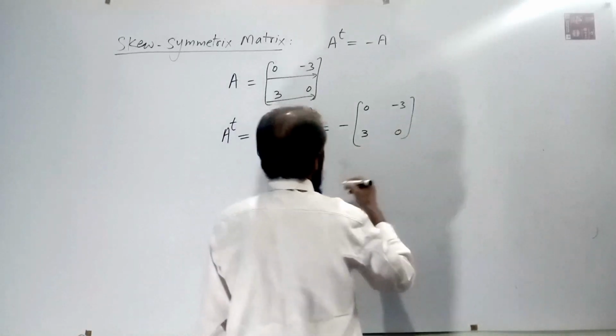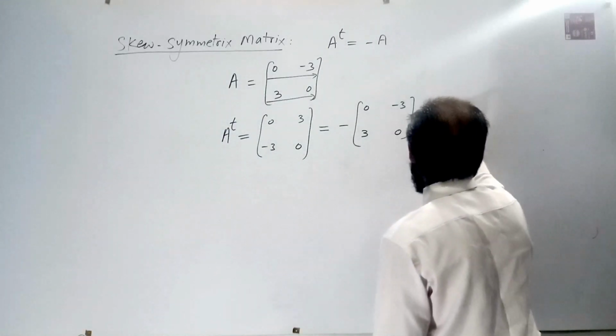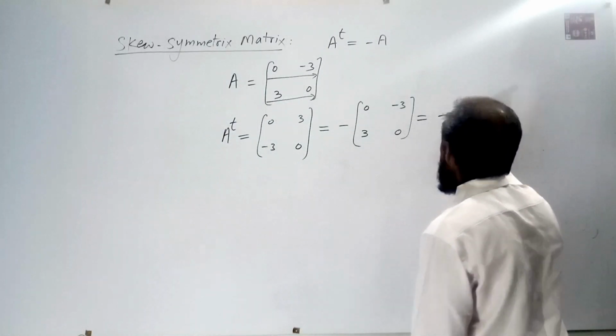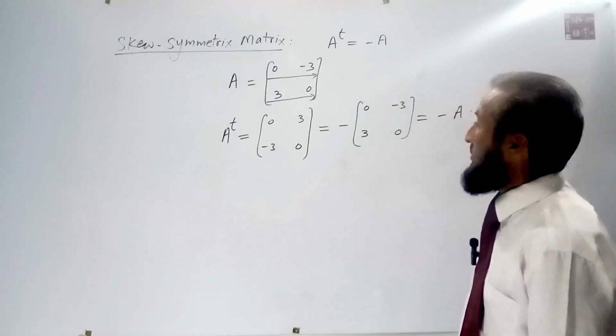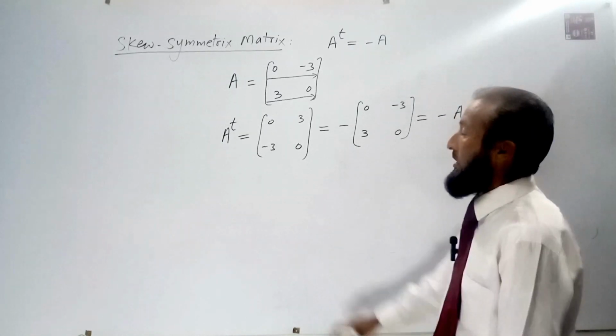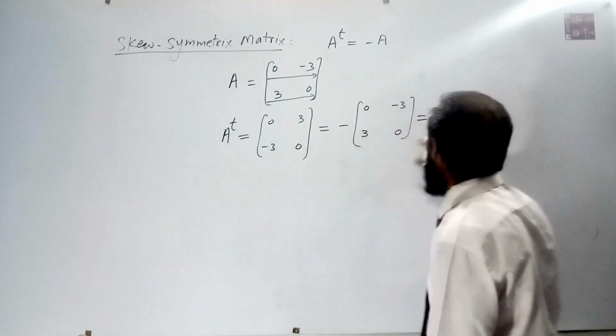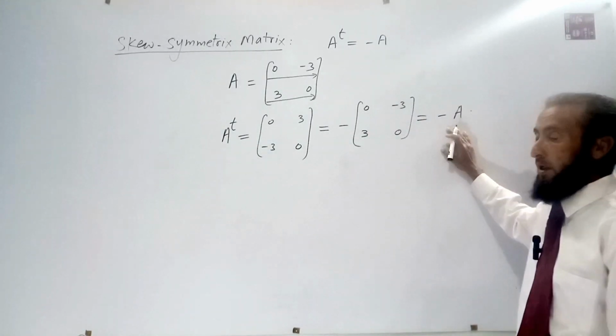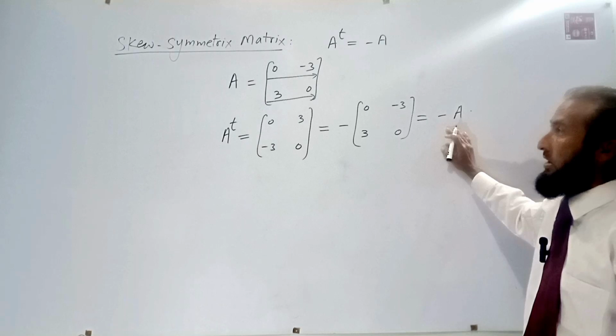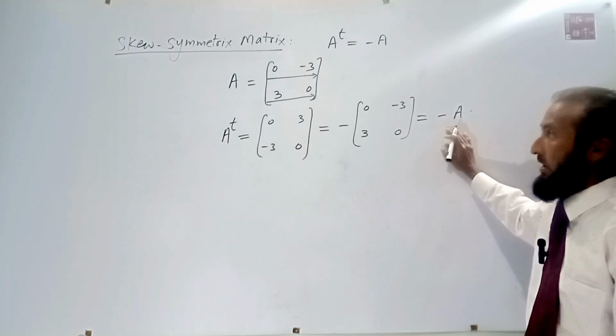It means that the transpose is equal to minus A. This is called a skew-symmetric matrix.